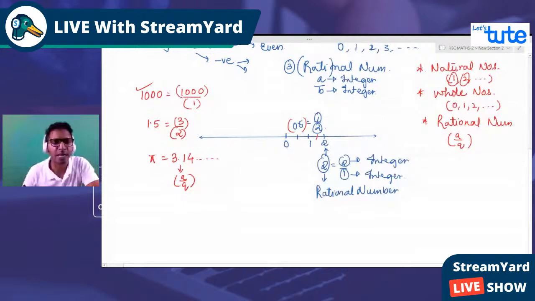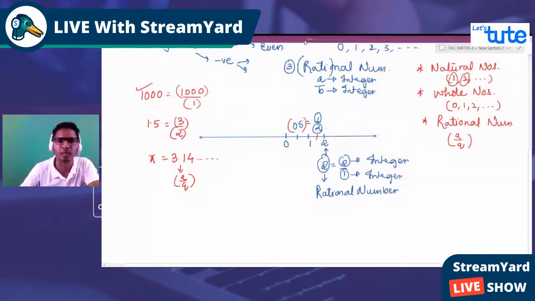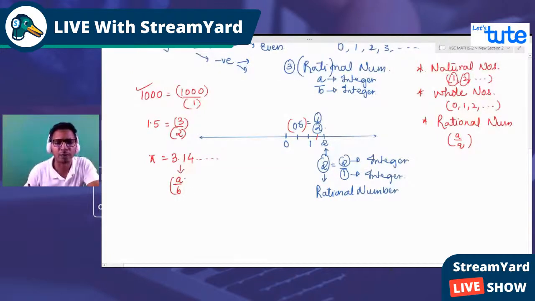I'm writing a by b. Is there any case where a and b are both integers? Absolutely not. You will not get any two integers which, on dividing in this fashion, give us pi. We are not going to get those numbers.